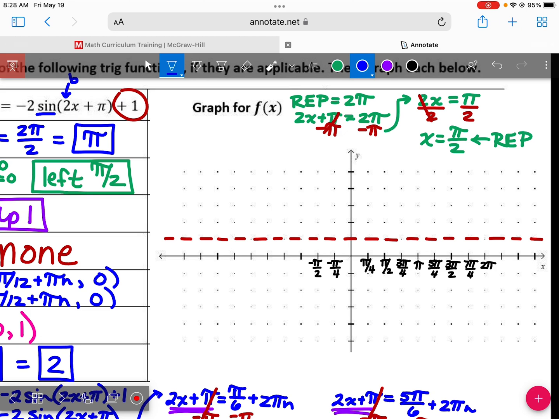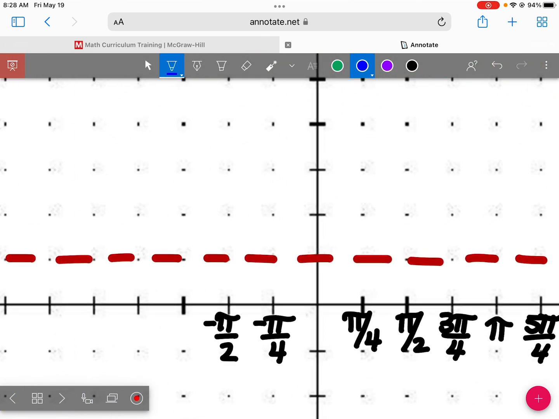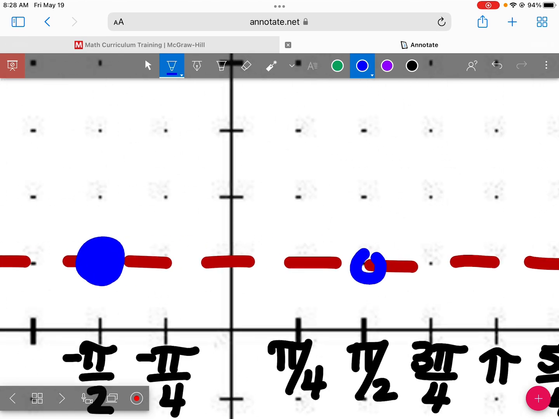My left endpoint is going to be right on the midline. So at negative pi over 2, I have a point on the midline. The right endpoint, sine ends at 0. So my right endpoint of pi over 2 is also going to be right on my midline.